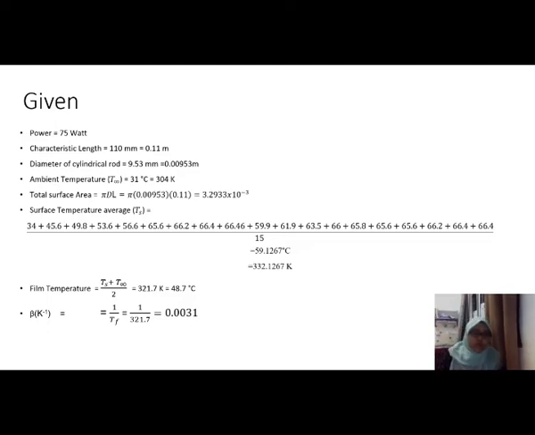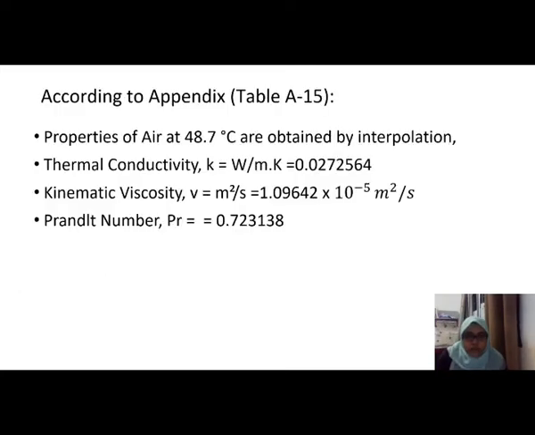So for the beta, we need to use this formula, which is 1 over the film temperature, and we got around 0.0031. After calculating all the data and converting into the correct value, we need to use interpolation.